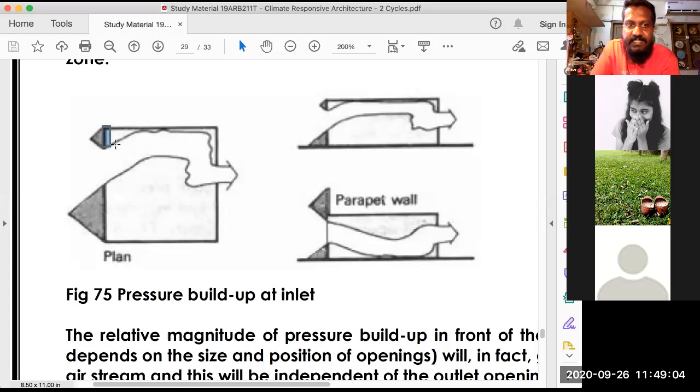So this is exactly as I say, a blank wall. We think only a window position makes a difference. But even the blank wall, whatever we call the sill or above the lintel, makes a big difference in the wind flow into the room, into a space. That is what we are speaking about here. This is on the plan, and this is on the section.